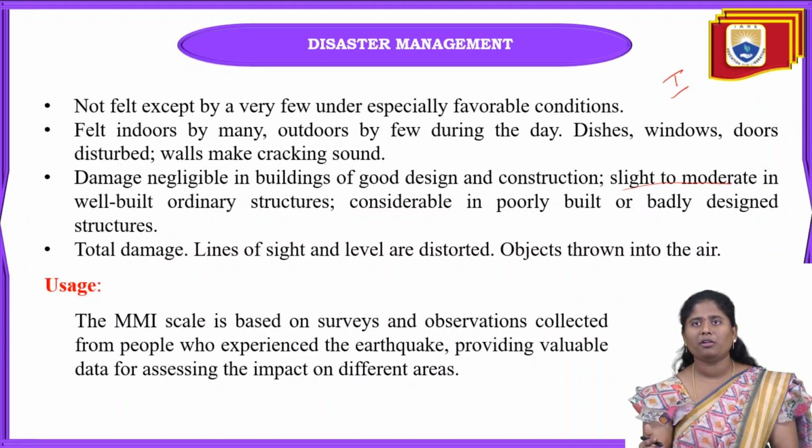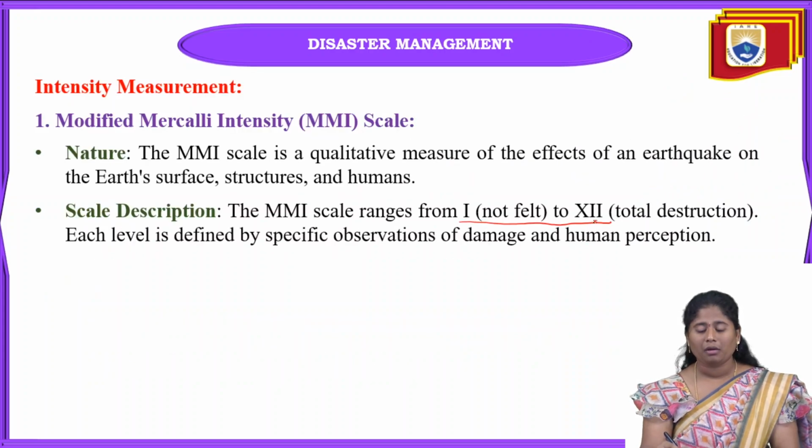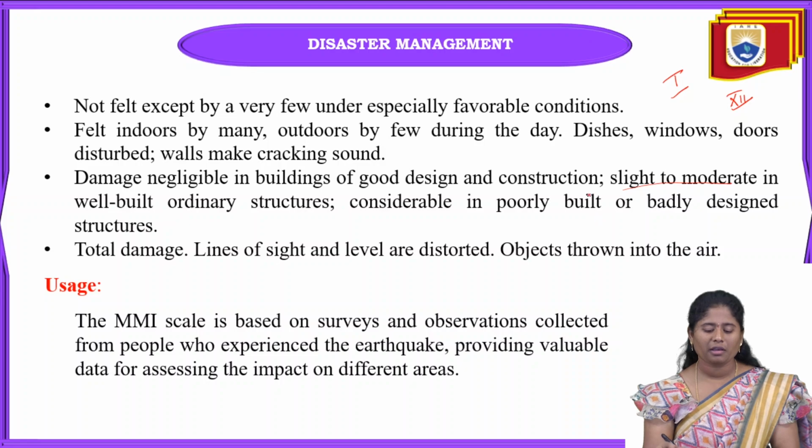And the intensity of the earthquake goes up to 12, meaning 1 to 12. The 12th is total destruction. If it reaches the 12th scale, it is one of the most severe earthquakes occurring at that time.